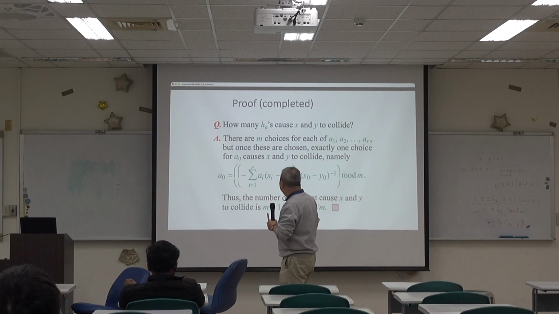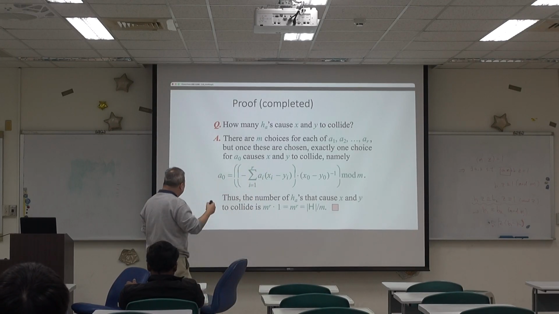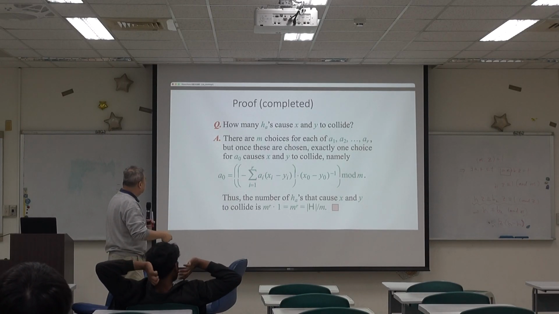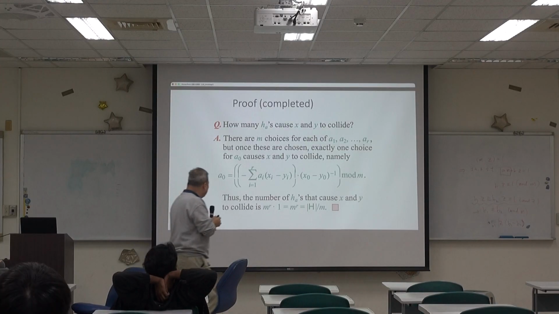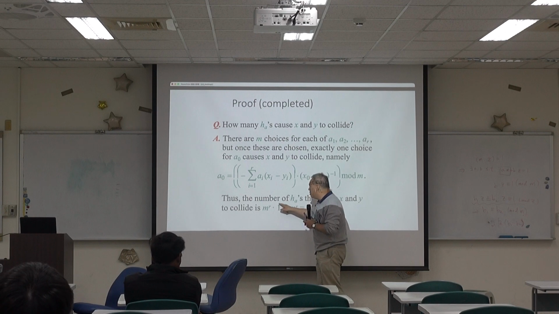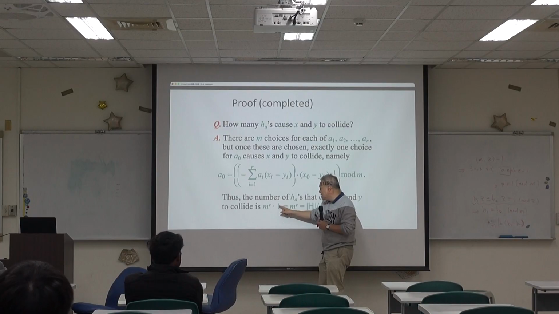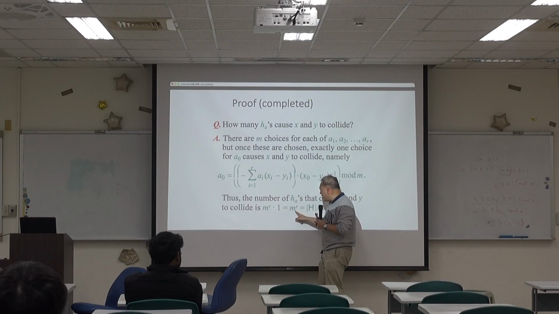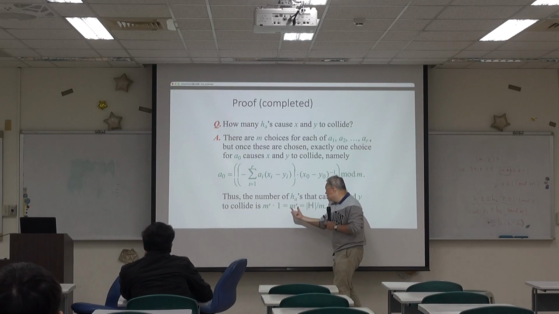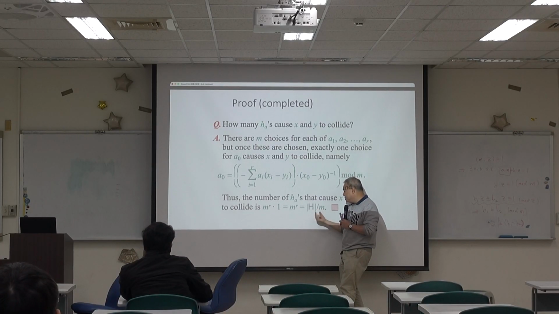So how many hash functions will cause X and Y to collide? There are n choices for each of A1 to AR, so totally n to the power of R choices. And why do we put 1 here? Because for A0, there's only one choice. So it's n to the power of R to make X and Y collide. This is exactly the size of H divided by n.